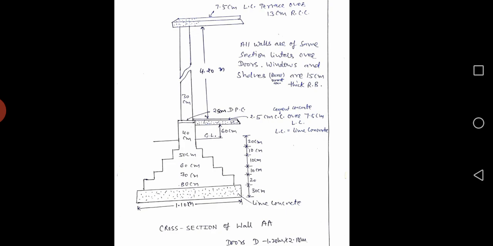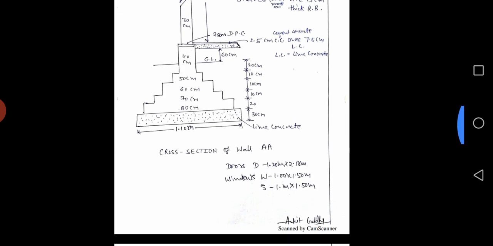It is also given that all walls are of the same section. Lintels over doors, windows and shelves are 15 centimeter thick RB work, reinforced brick work. It means the thickness of shelf, door and window lintels is 15 centimeter.